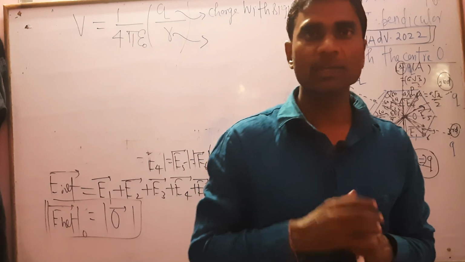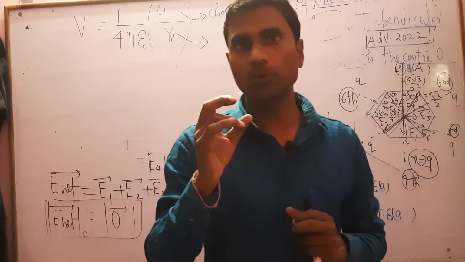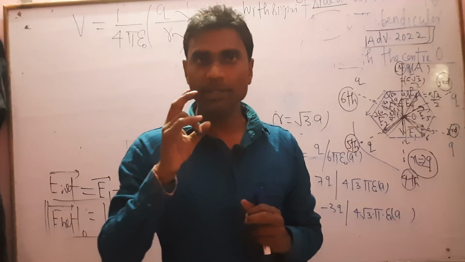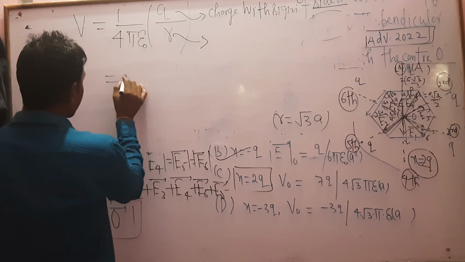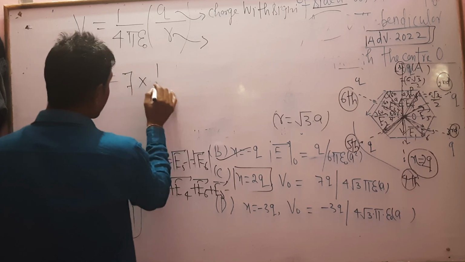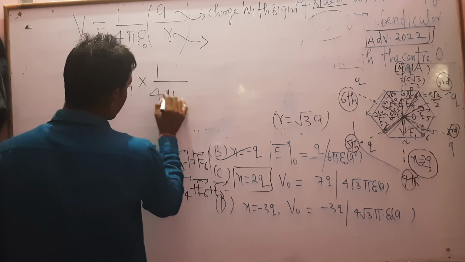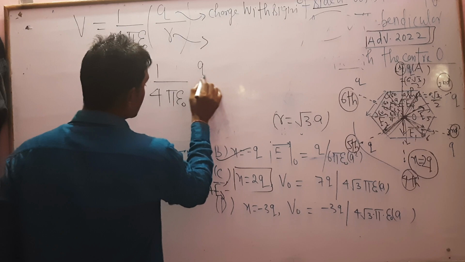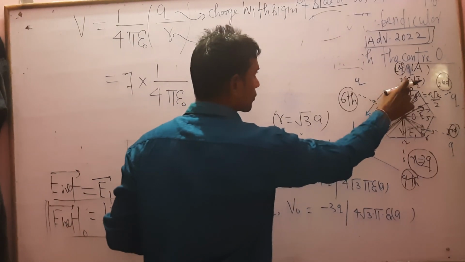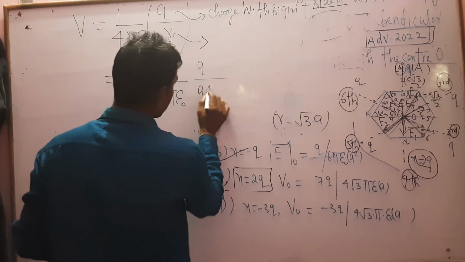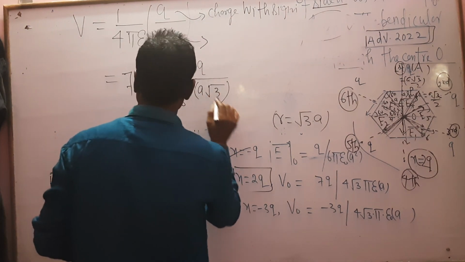If we find the potential due to a single charge, then we multiply it by 7. Then 7 into 1 upon 4 pi epsilon naught q by r, where the value of r equals a into root 3.